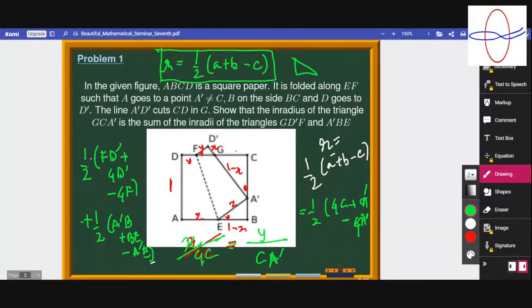So what we're trying to say is the ratio by which this GCA dash is sort of the sum of the ratios, like sort of a dilation of this, right? It's becoming bigger like this, and it's becoming bigger like this because they are similar. So the sum of the dilation factors is actually equal to 1. That's what you have to prove, right?